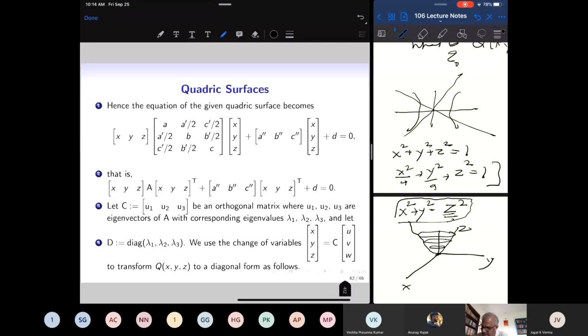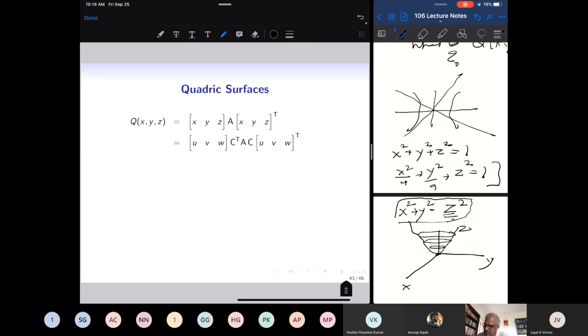And D is the diagonal matrix where diagonal entries are eigenvalues, and the change of coordinates is the same, x equal to C times uvw, where C is the matrix of eigenvectors, the orthonormal basis of eigenvectors. So this is the change of coordinates. So I can write xyz as linear equations in uvw by looking at this equation and go back and substitute.